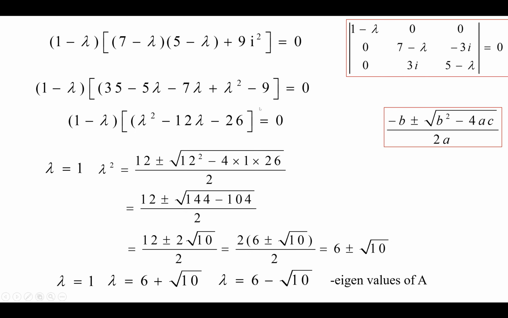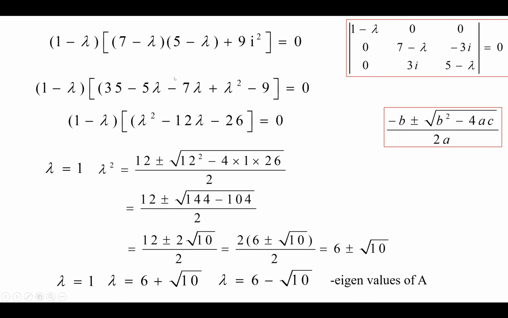When we take the determinant, we get 1 minus lambda multiplied by (7 minus lambda)(5 minus lambda) plus 9i squared. Now 7 multiplied by 5 gives us 35, minus 5 lambda, minus 7 lambda, and minus into minus is plus, so plus lambda squared. i squared is minus 1, so we get minus 9, which is equal to 0.